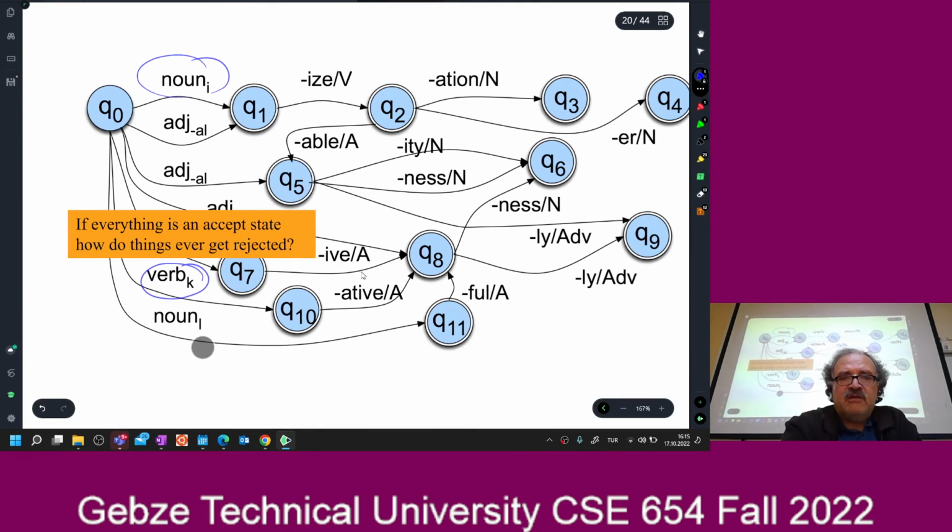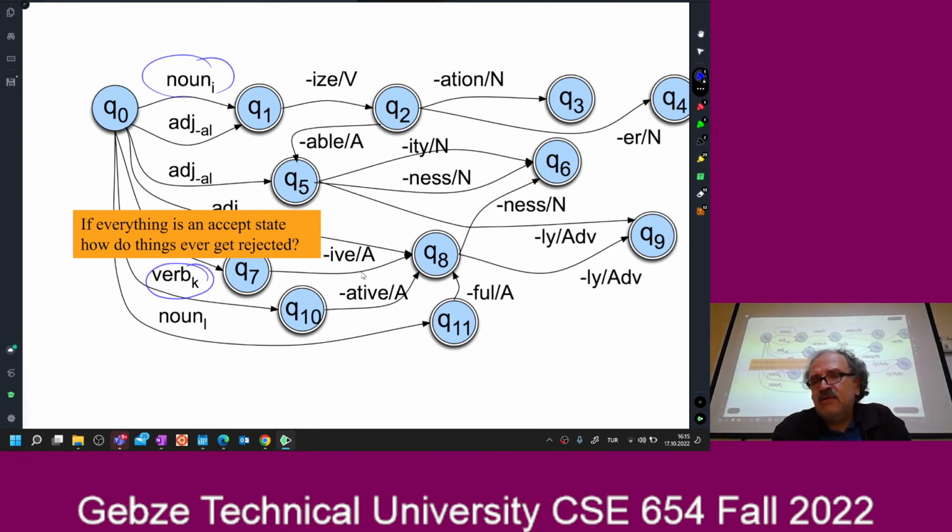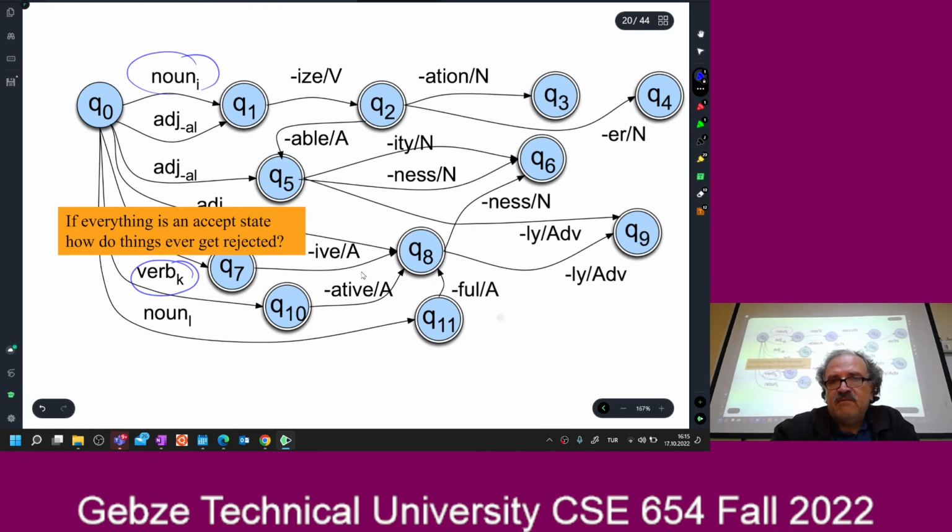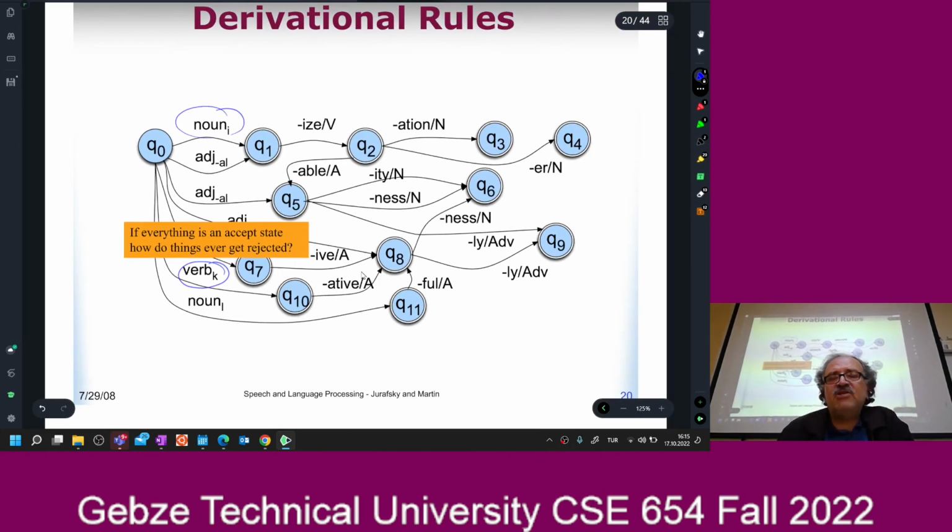For noun type L, if you put -ful at the end, okay, joy and joyful, right? It becomes an adjective. So for the inflectional and derivational rules, we have this more complicated set.